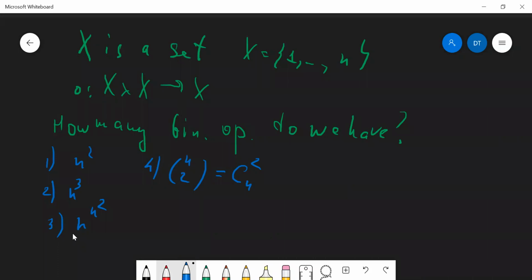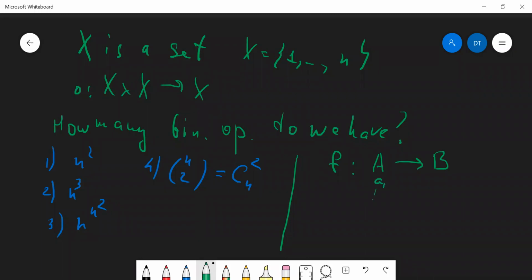So let's try to understand why. You see there are two guys who don't see why this is true. So let me recall. If you have two sets, A and B, two finite sets, how do you compute the amount of functions from A to B?